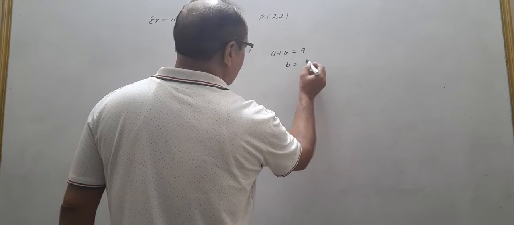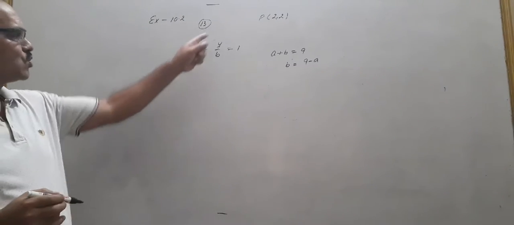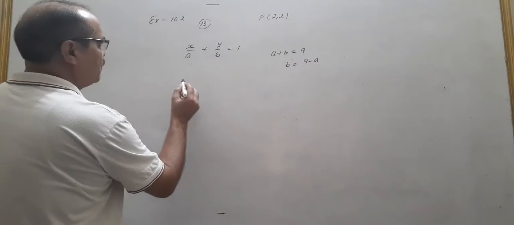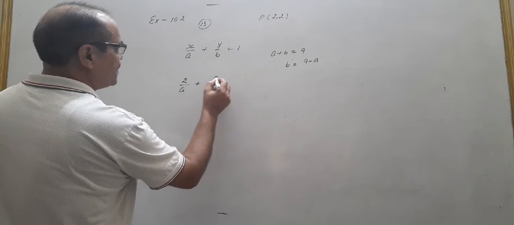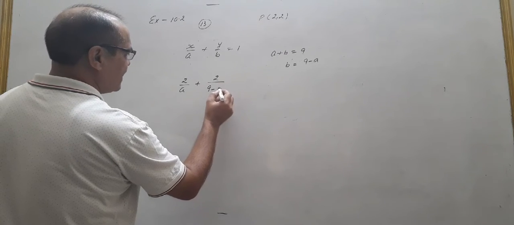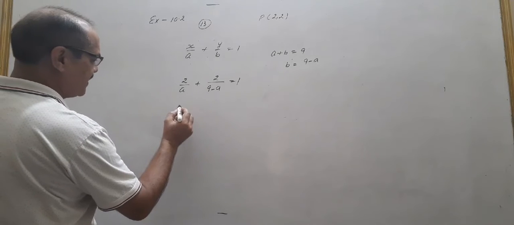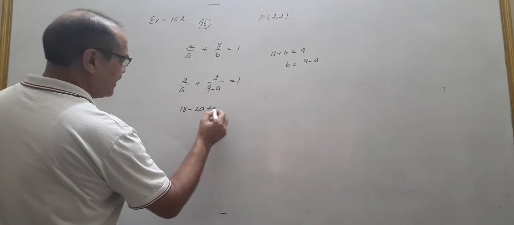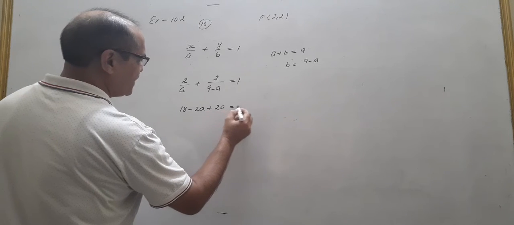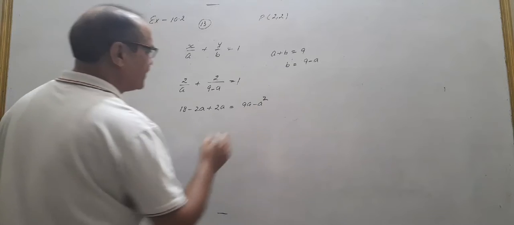That implies b can be written as 9 minus a. And this line also passes through the point 2, 2. Therefore this can be written as 2 upon a plus 2 upon 9 minus a is equal to 1. Now solving this, we get 18 minus 2a plus 2a is equal to 9a minus a square.